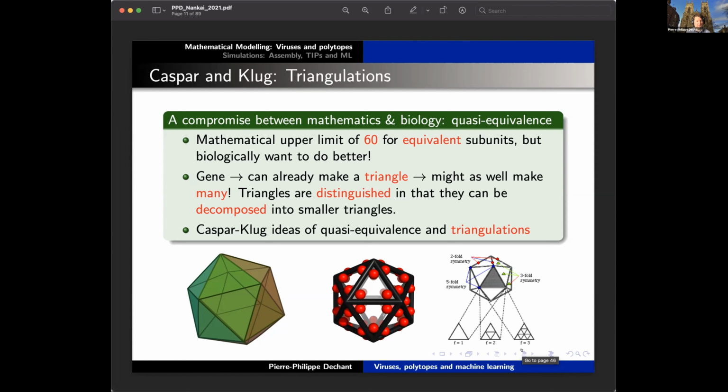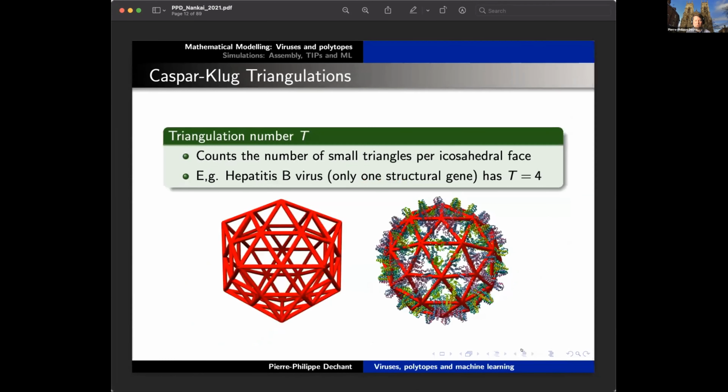So the icosahedron is distinguished because you can triangulate triangles. You can decompose that in terms of smaller triangles. Now, they're not symmetry equivalent anymore. They're not exactly icosahedrally equivalent. They lie on different icosahedral orbits. But in terms of the biology of, oh, this is a triangle, it sits in a lattice of triangles, it does very well.